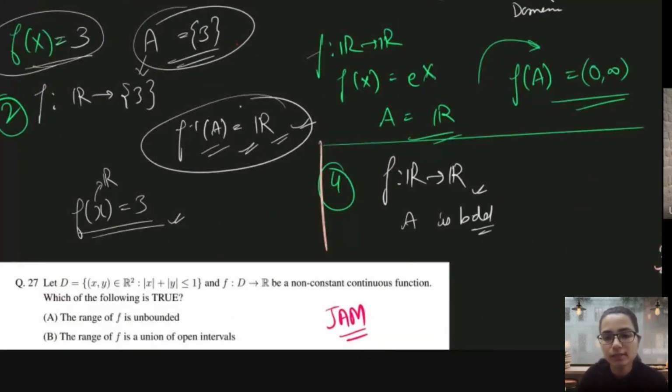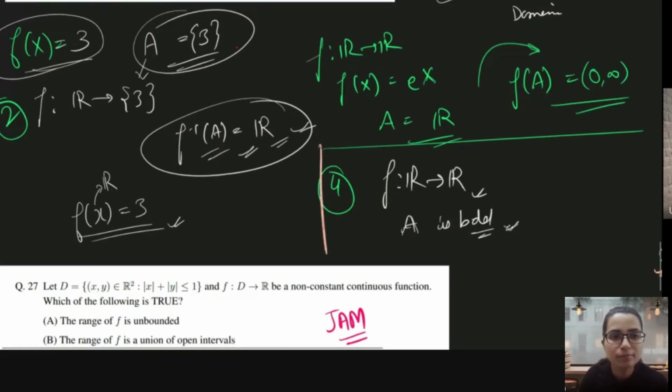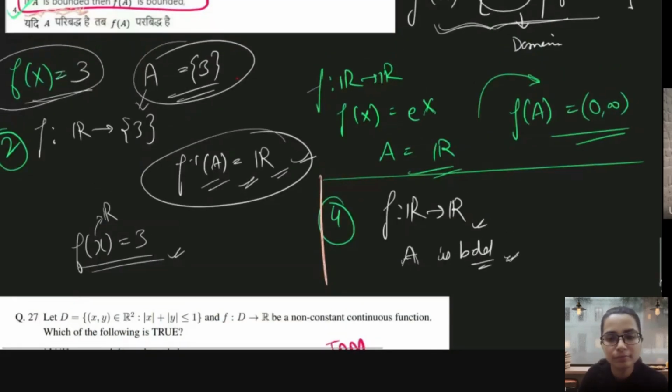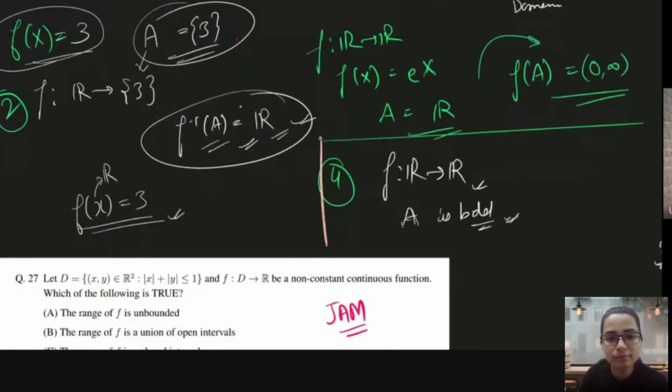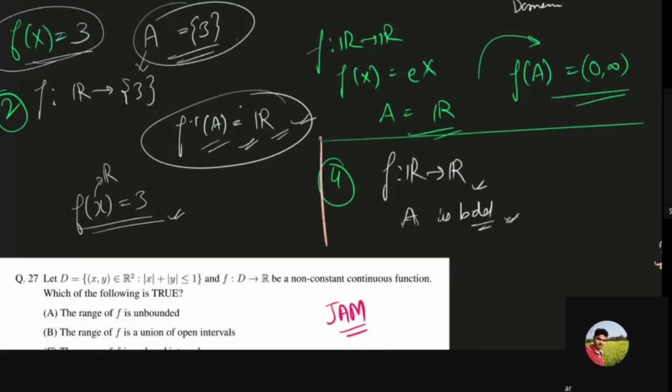So in this case, I have one confusion. Whoever explained this, can you explain it again? Okay. So A is bounded. The definition of a bounded set is: for every x belonging to A, there exists M such that x should lie in the closed interval [-M, M].